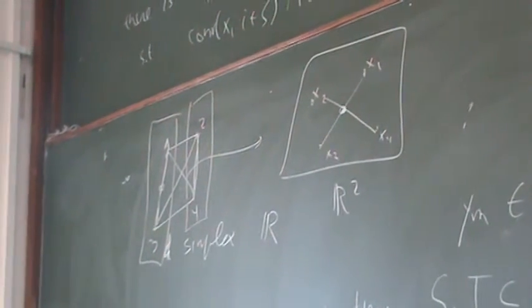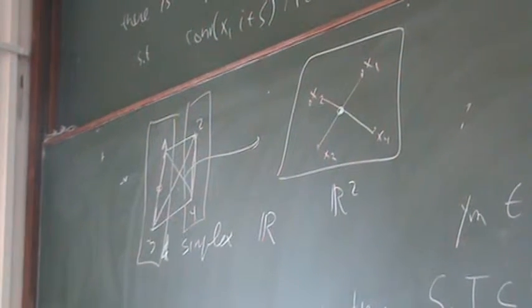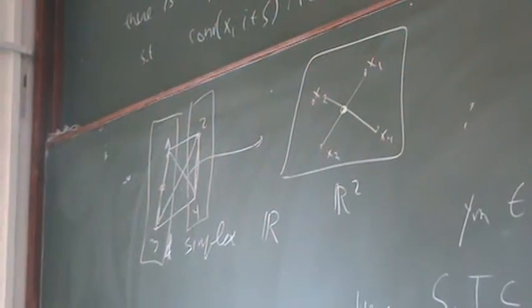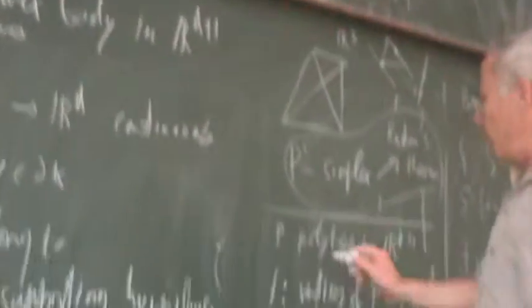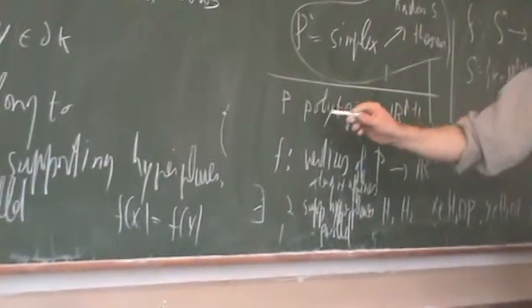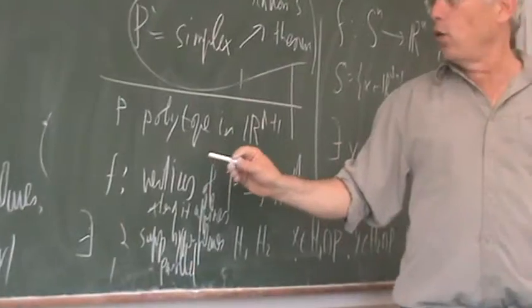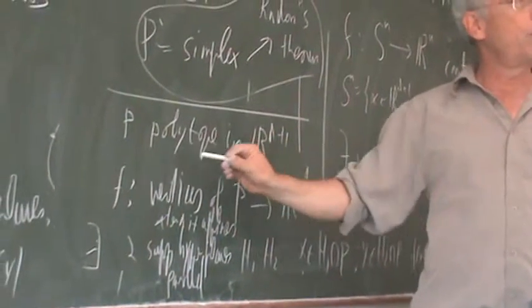In fact, it's believed that to find such an X is computationally difficult. And therefore, this does not give you an algorithm. And as a matter of fact, now that I think about it, for this theorem, for general polytopes, I don't know if there is an algorithmic way to efficiently find such polytopes.